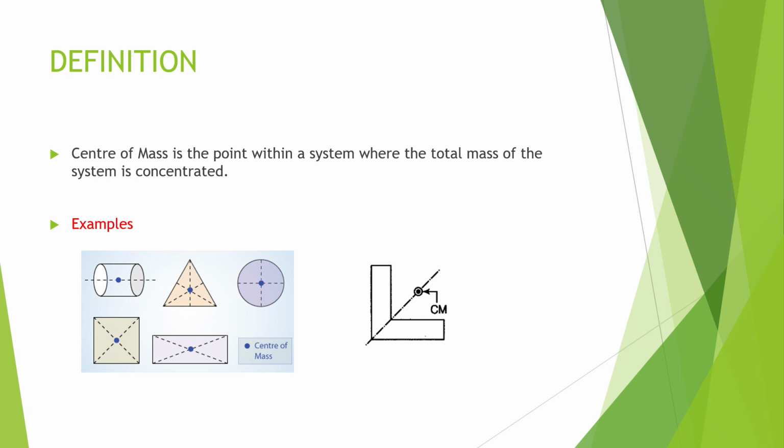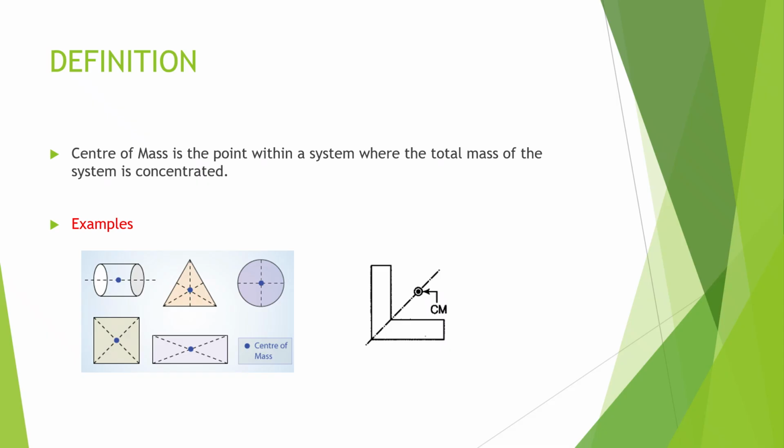So let us take some examples. For a triangle, the point of intersection of the medians, that is the centroid, represents the center of mass. For a circle, it is exactly at the geometrical center. For a square, it is at the intersection of the diagonals. For a rectangle also, it is at the intersection of the diagonals.